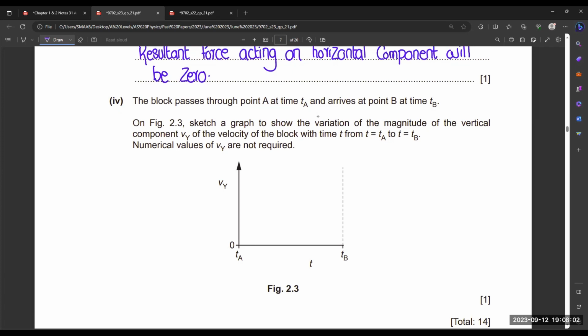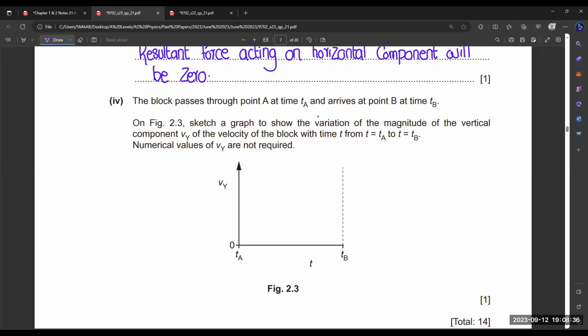It's going to be a straight line, since it's constant acceleration, and you start not at zero because the block already has speed. The block passes through point A at time t equals TA and arrives at point B at time t equals TB. On the figure, sketch a graph to show the variation of the magnitude of the vertical component Vy of the velocity.